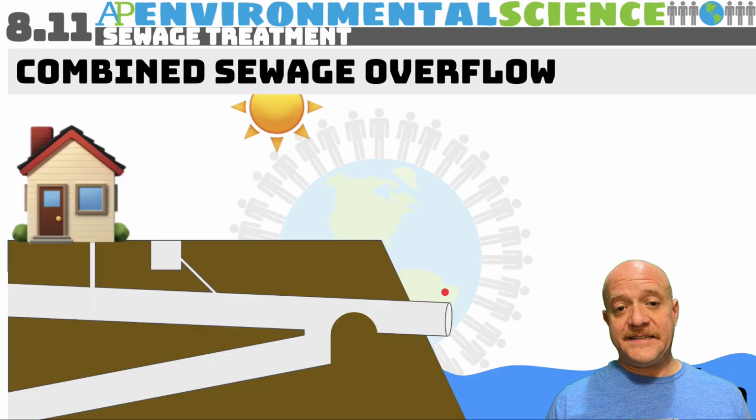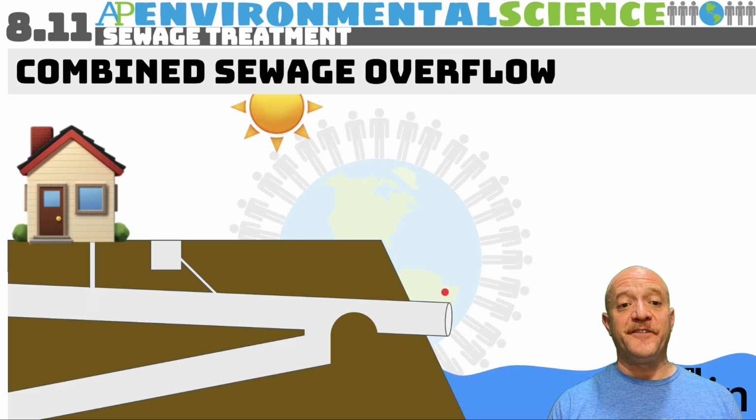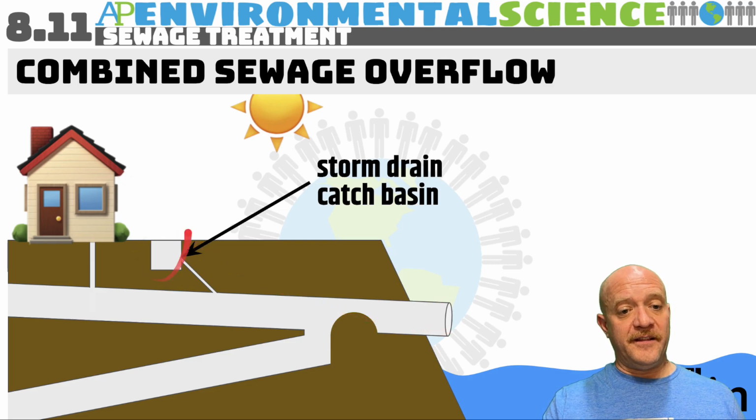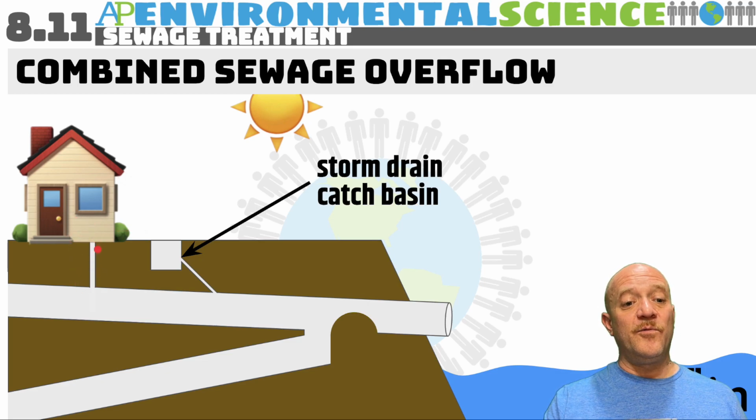Now, in New York City, we have what is called a combined sewage overflow, as opposed to just two different sewage systems. So combined sewage means we are getting storm drain water, all of the little grates that are in the sidewalk, but we're also getting raw sewage from households and businesses.